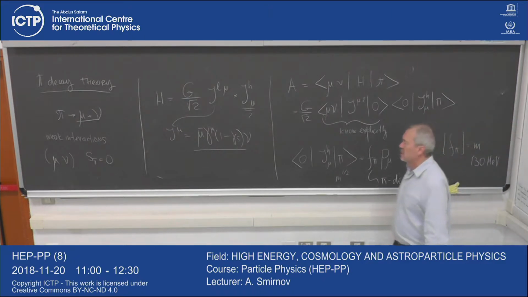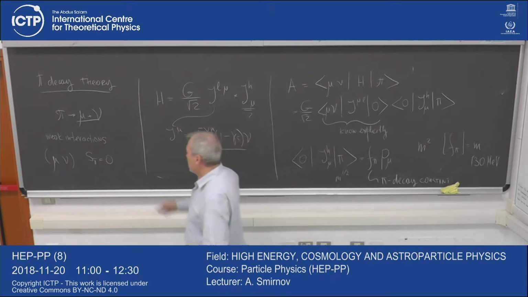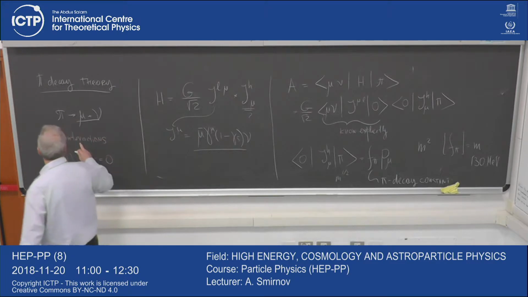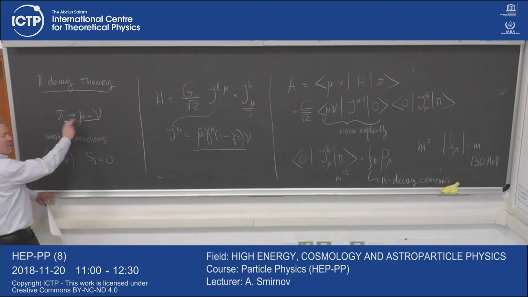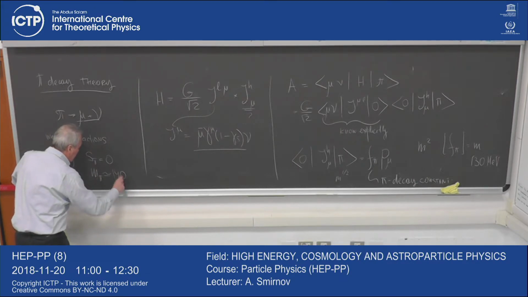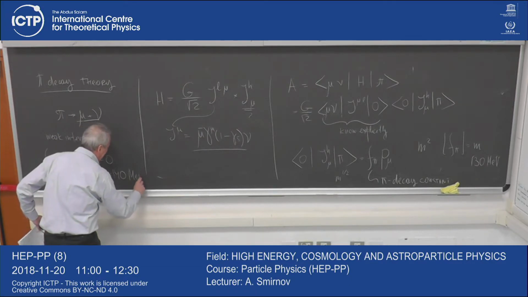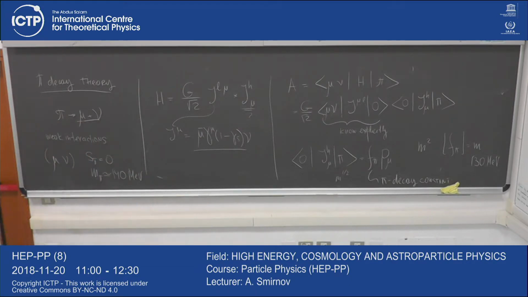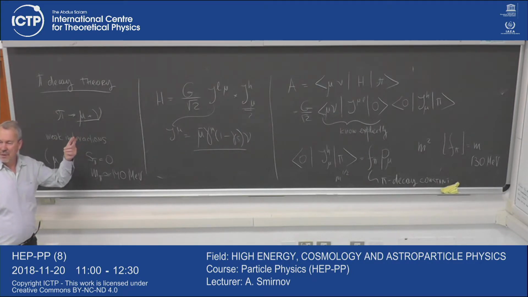I didn't also mention, but from these studies from kinematics, and knowing what is the energy of neutrino, one can estimate a mass of the pion, and that was 140 MeV. So this is simple kinematics. Because you can measure the energy of the muon, right?